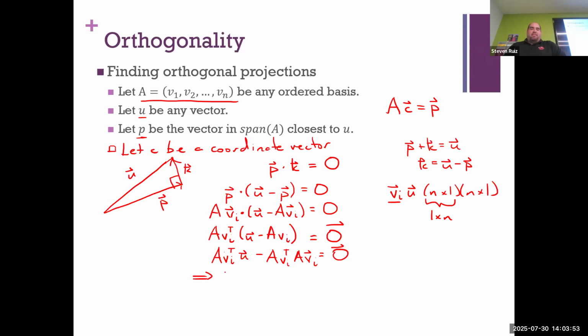Which means I'm allowed to do this. I can say for sure that this is true: AVI transpose U is equal to AVI transpose AVI.